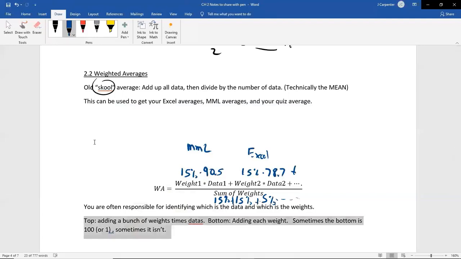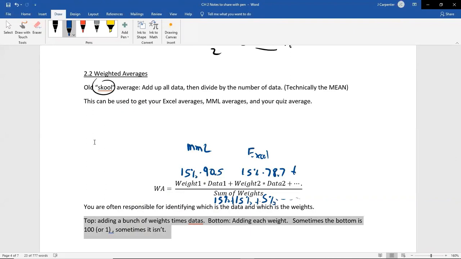The top is adding a bunch of weight times datas. The bottom is just adding the weights. Sometimes the bottom is 100, sometimes it isn't, and that's when we're talking about grades. If the class is completed, if you've accounted for all categories, then the bottom, you'd be adding up all 100% of your different grades. Or 1 if you're doing it as decimals instead of percentages. That's what I mean by that.